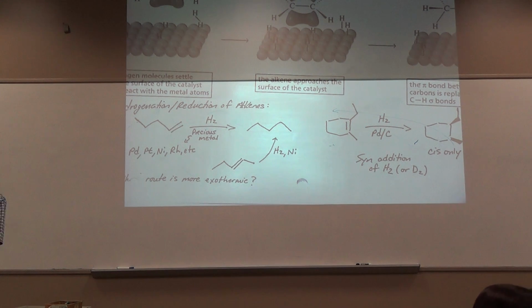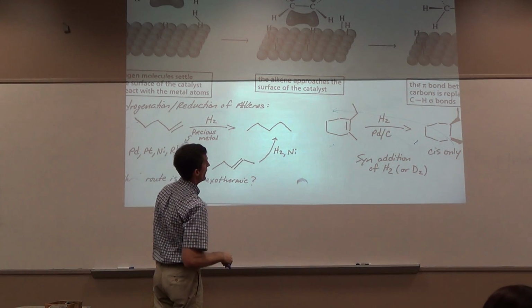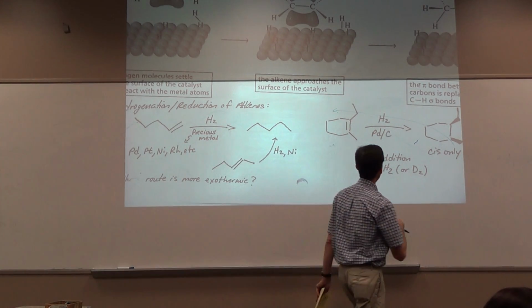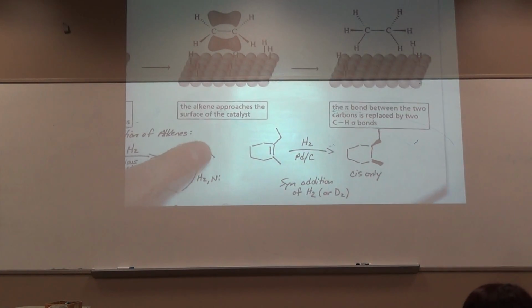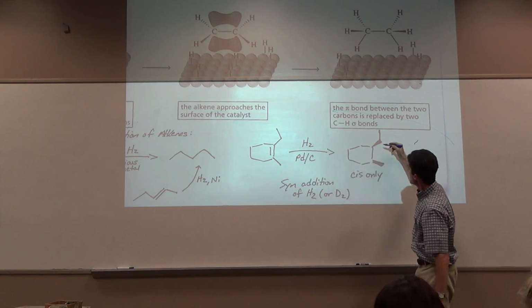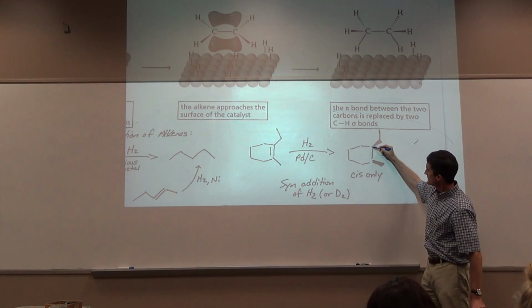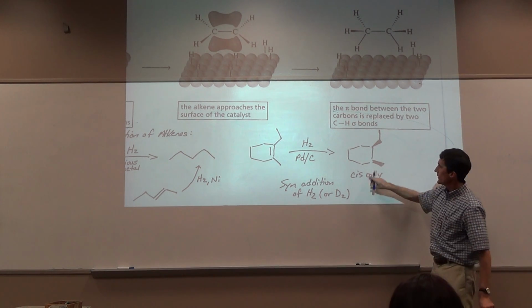The metal shoots them. I'm not going to do any arrow movement, okay? They're on the same side. Same side. That's important. So, over here where we have stereochemistry in our product, the alkane is now tetrahedral here and here. 2 new H's, we only get cis.